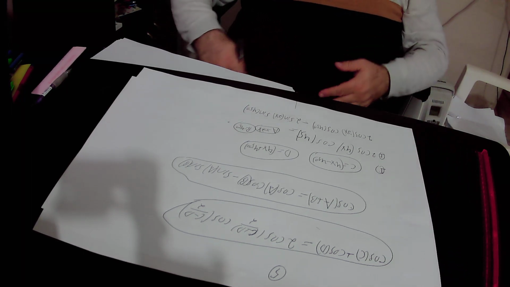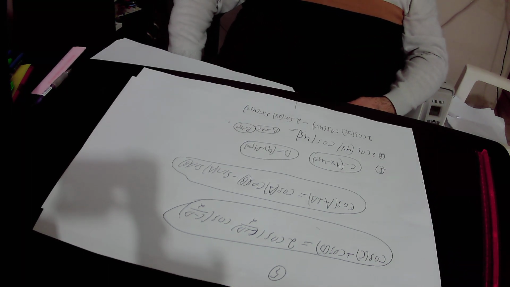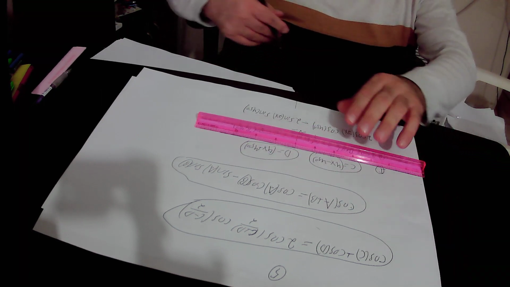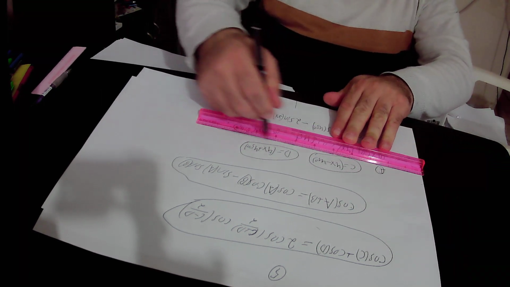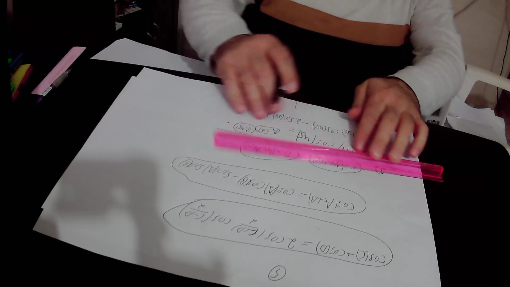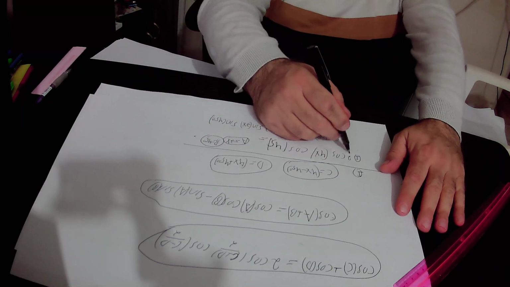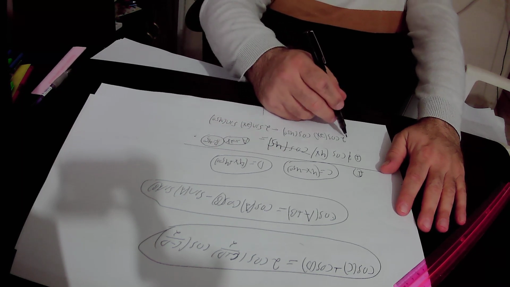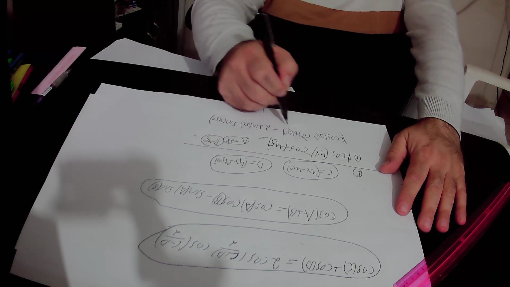Okay, so here we will divide equation number 1 by 2 cosine 45 degrees. So here 2 cosine 45 degrees will get cancelled. And here also 2 cosine 45 degrees will get cancelled.